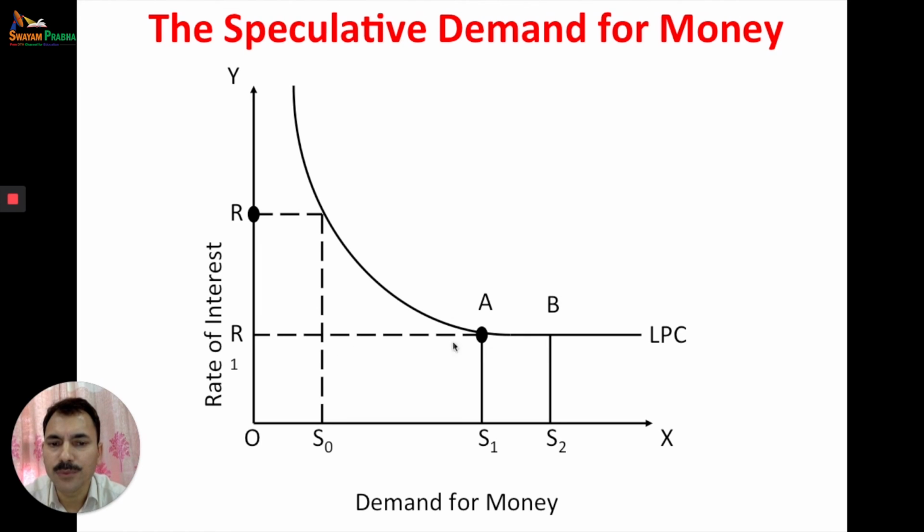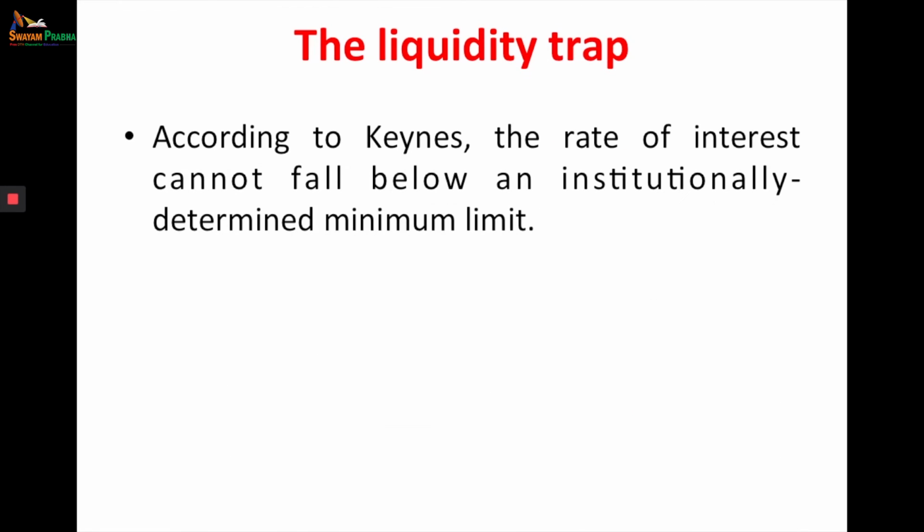But the interesting point to be noted is that this R1 is the minimum point below which the rate of interest will not decrease. Any increase or decrease beyond this point will not affect the demand for money on the LPC. This part, where the rate of interest is minimum, is known as the liquidity trap.